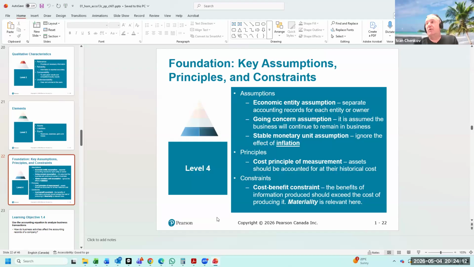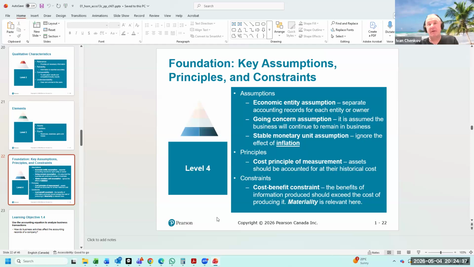Next, when we prepare a financial statement, we all assume that the currency in which the business operates is under the stable monetary assumption, meaning the business environment is stable. Inflation is not so dramatic, so we can ignore its effect.